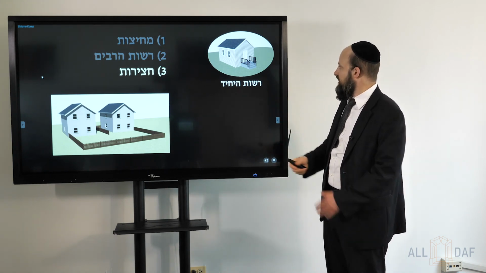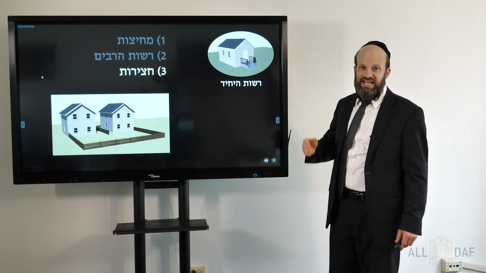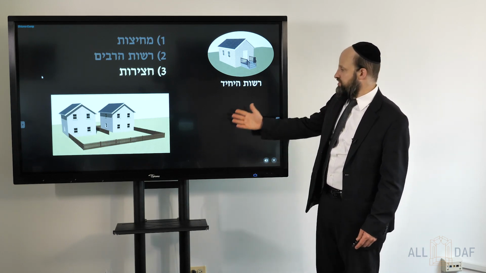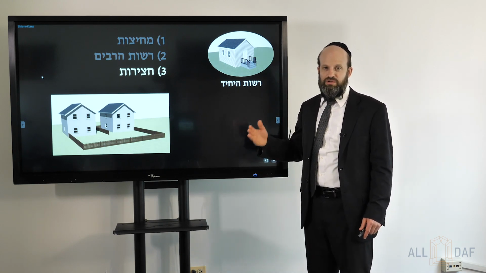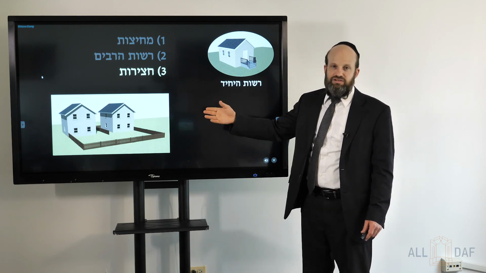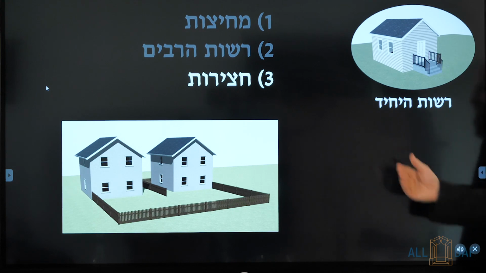The third takes the halacha of Rishus HaYachid one step further. After you enclose it, and at the Raisa level, of course, it's a complete Rishus HaYachid. The Chazal said, wait, there's something else that might be a concern here. Maybe it's properly enclosed, but does it give the full impression of being a Rishus HaYachid? Let's say I'm carrying something from my house, a private domain, to a shared yard.